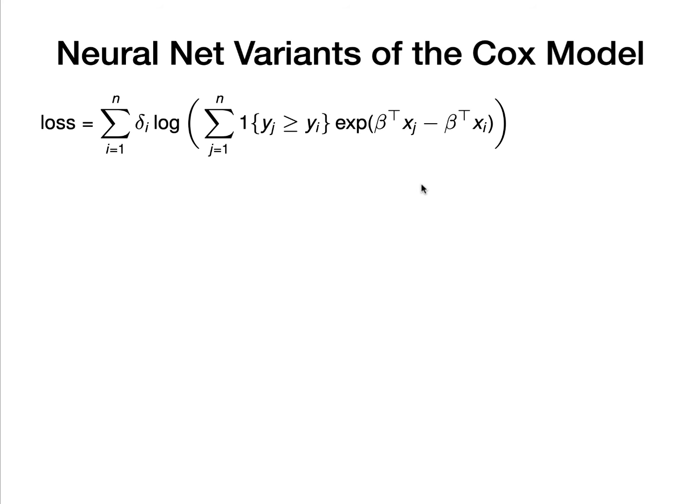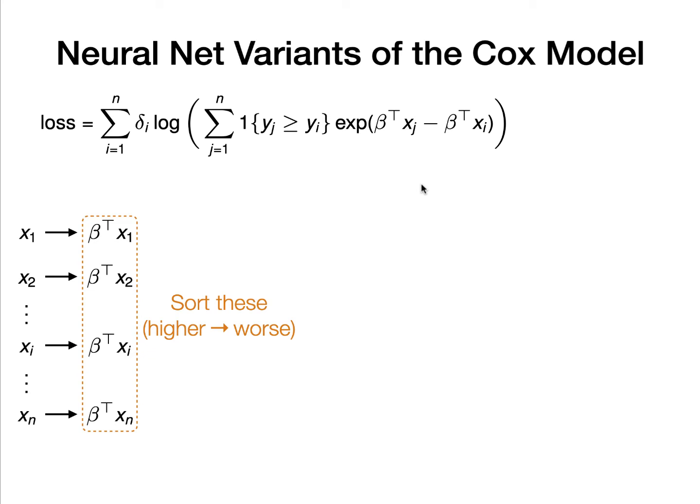Fundamentally, we are learning how to rank the training feature vectors, x1 through xn, based on the ranking score beta transpose xi. It's basically an inner product. So this turns out to be a ranking loss.